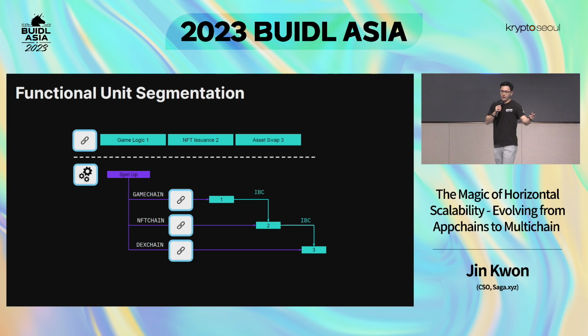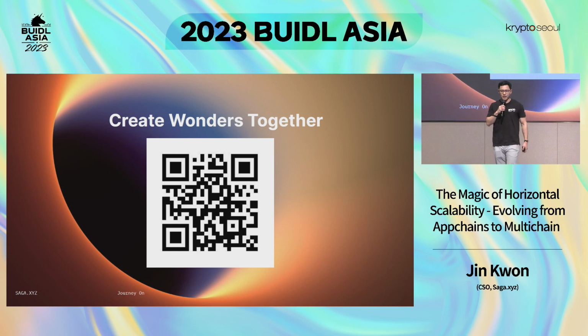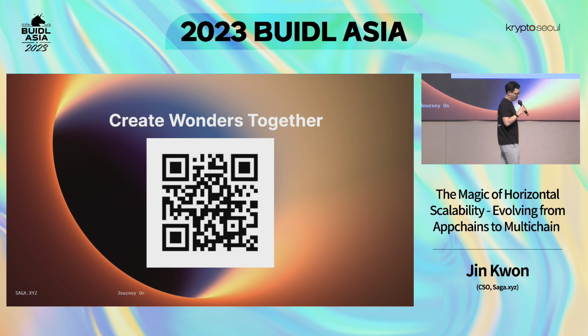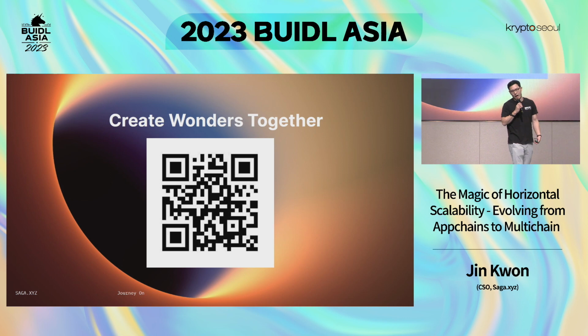And so you can start daisy chaining these operations across different blockchains, so that you're no longer putting everything on a singular chain. So this is one more way you can segment it and use horizontal scalability to make your applications much better. So that's some interesting ways that you can use horizontal scalability and use Saga to make your developer journey a little bit easier and a little bit more scalable.